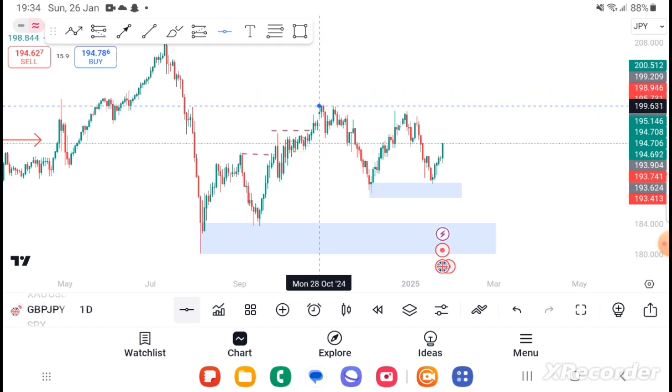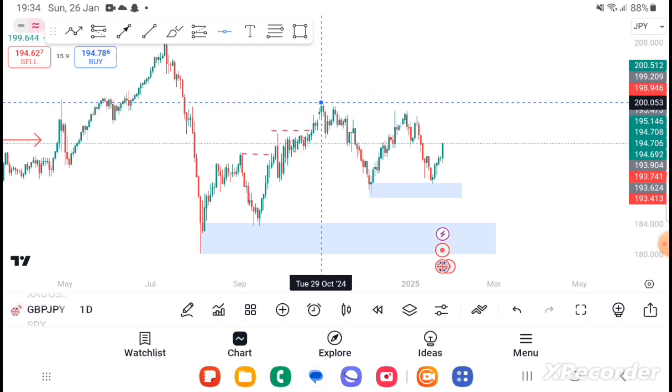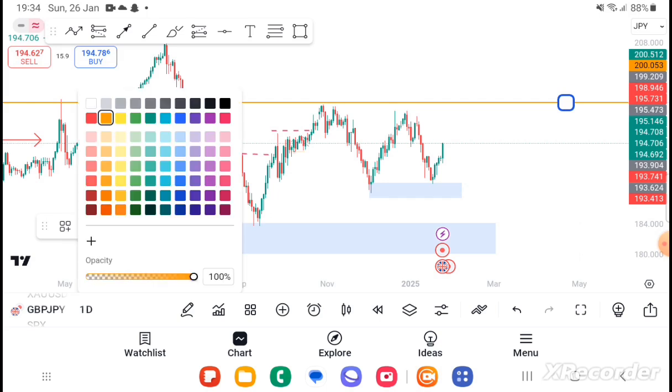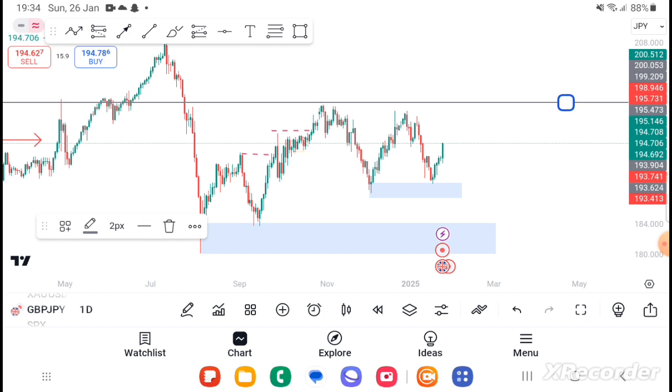Actually, that level has been used. Let me change the color to black. Or let me just use this color for it.